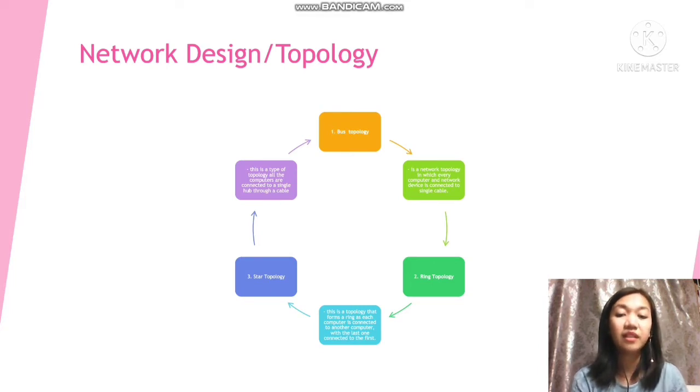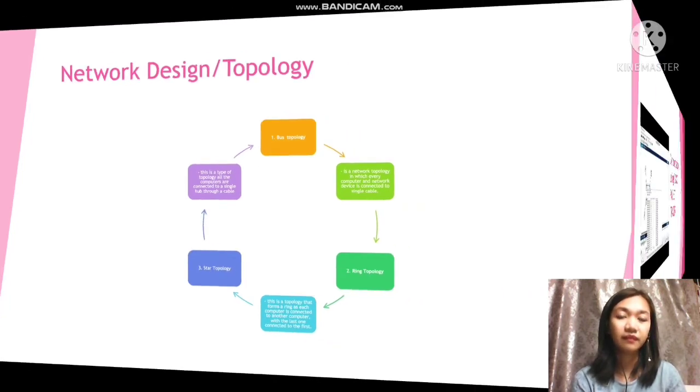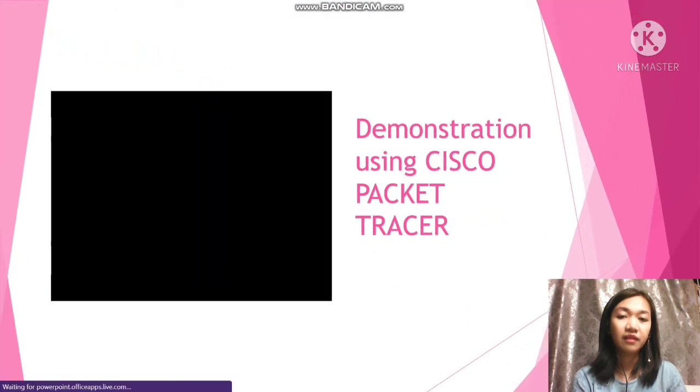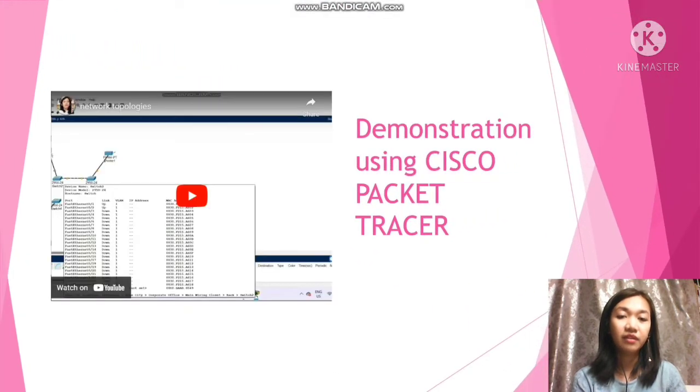And the next one is star topology, a type of topology where all the computers are connected to a single hub through a cable. So here is a demonstration using Cisco Packet Tracer.